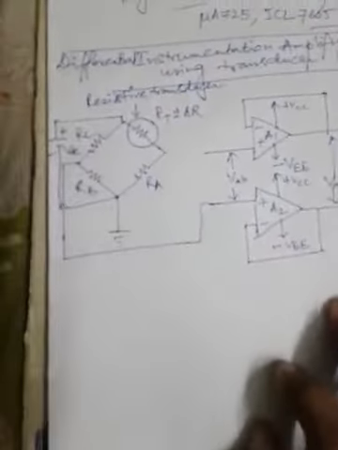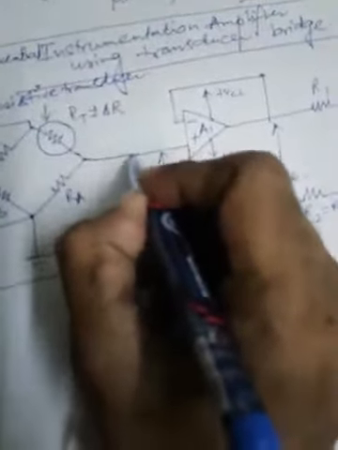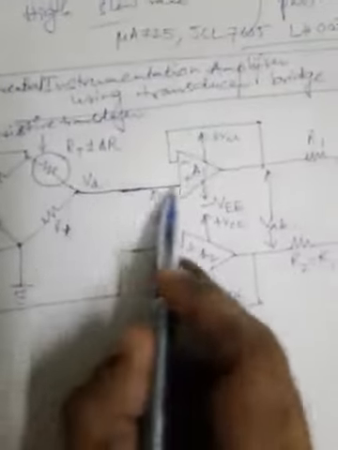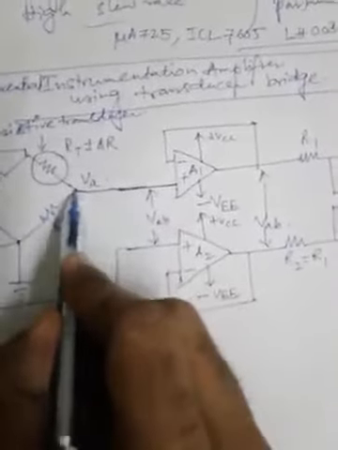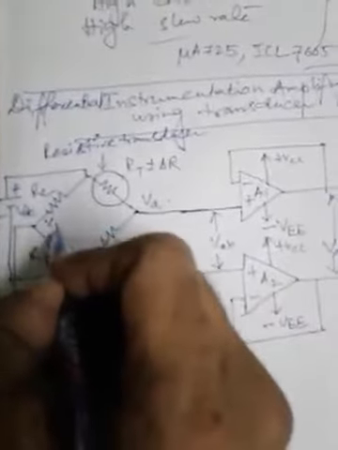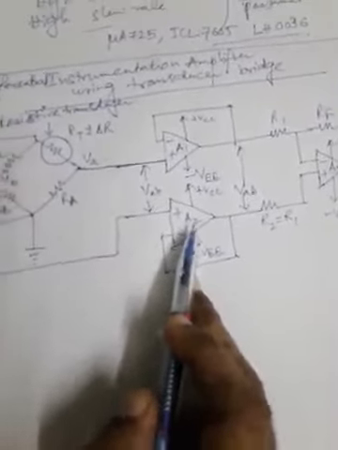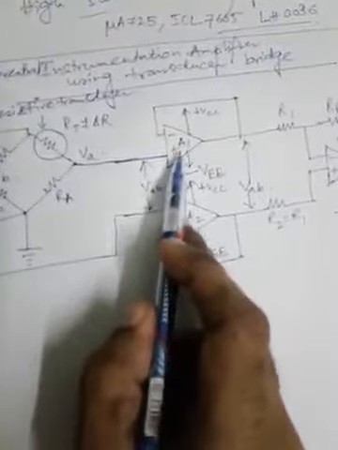And the other node, which was left, is connected to the non-inverting terminal of the op-amp with gain A1, and this node voltage is given by VA, and then the opposite node will be denoted by VB. This VB is connected to the non-inverting input of the second op-amp, that is A2 op-amp, and VA is connected to the non-inverting terminal of A1 op-amp.